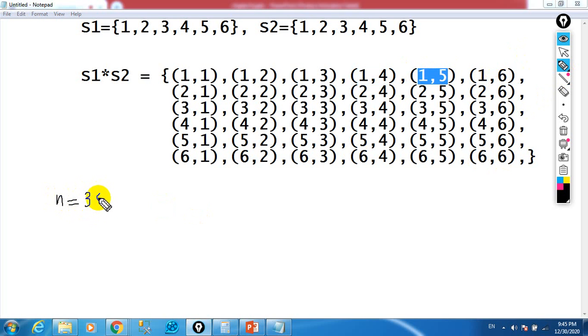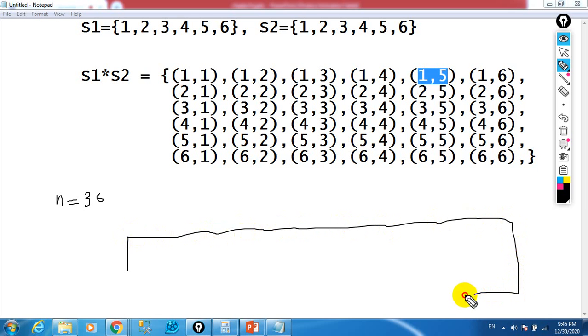Now my question is to make a probability distribution table.